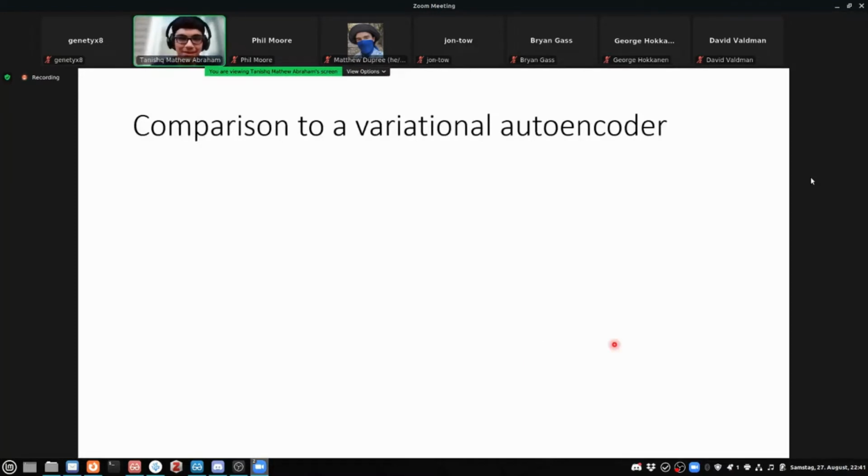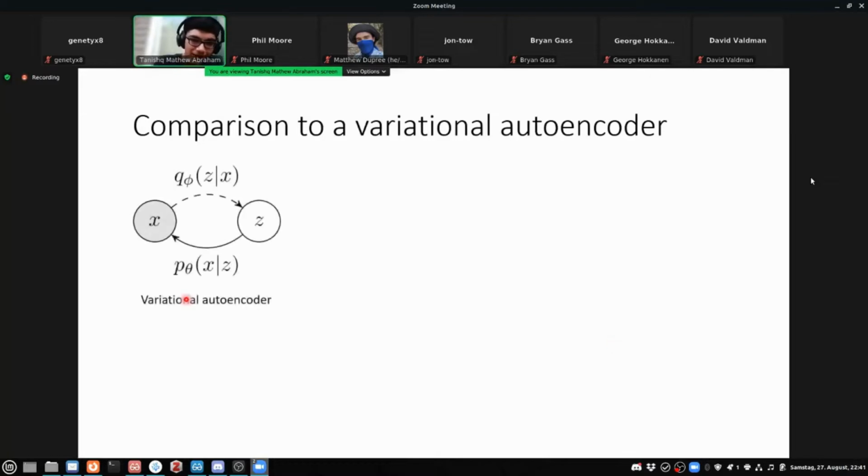In a variational autoencoder, you have your images, but then you have this latent variable, and you have conditional probability distributions: given the latent variable, can we get the image? That's what the variational autoencoder setup looks like.